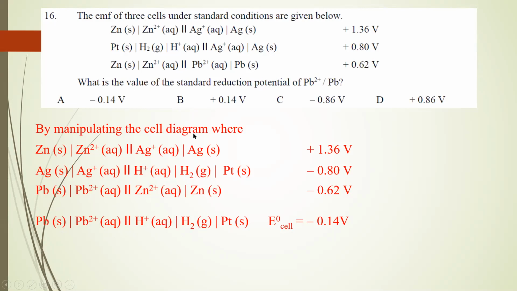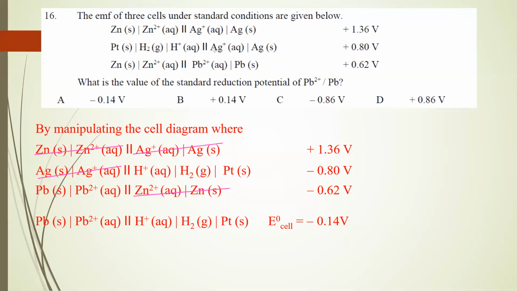But I know, okay, this is an unorthodox method. Of course, this is not the best. Later, I will show you a better one. Okay, so you can eventually cancel Zn2+ with Zn2+, silver with silver. So at the end, you get Pb, H+, H2. So you sum up everything, and when you sum up everything, you get negative 0.14. Okay. You do it like Hess's law methods.